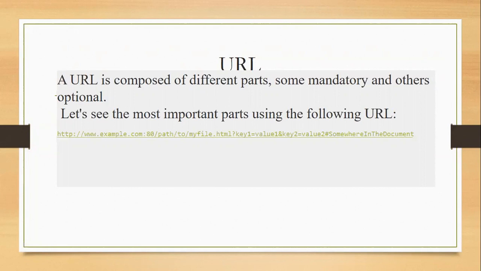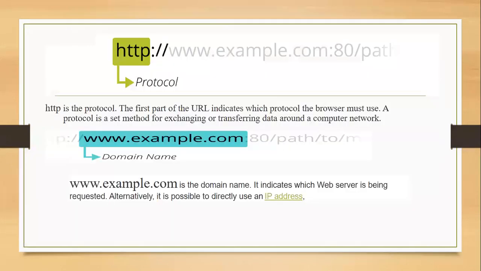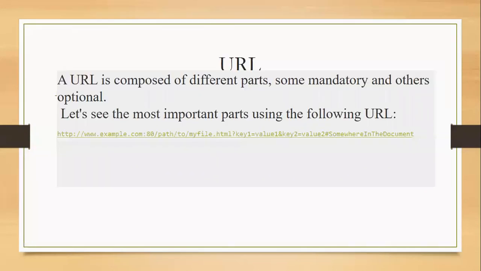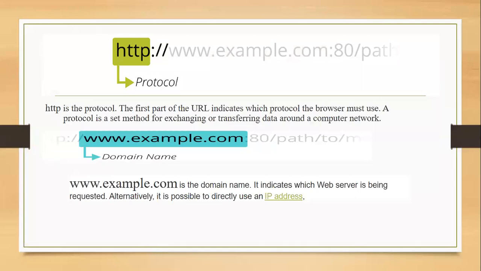Here is an example of a URL which I mentioned here. A URL is composed of different parts, all of which were discussed earlier. Now I am describing the example. In the previous example, you are seeing HTTP. It is a protocol.